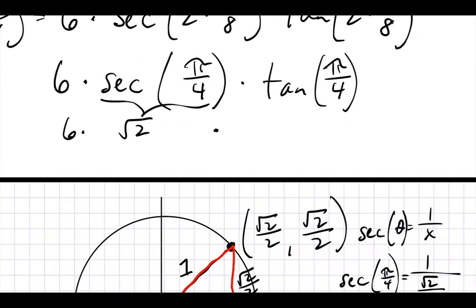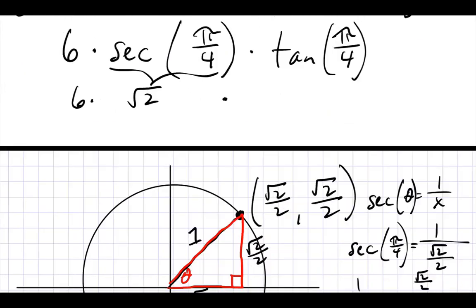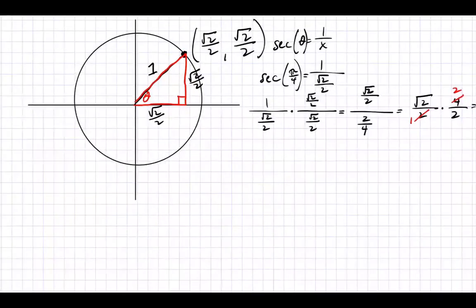Okay, and then we got to do the same thing for tangent. Tangent has the same exact coordinates, right? Because it's 45 degrees. We didn't go anywhere, it's still 45. If I want to find tangent of an angle on the unit circle, what is it?